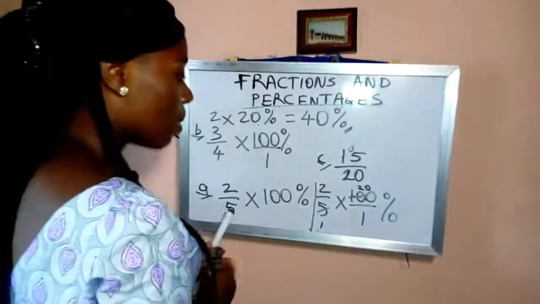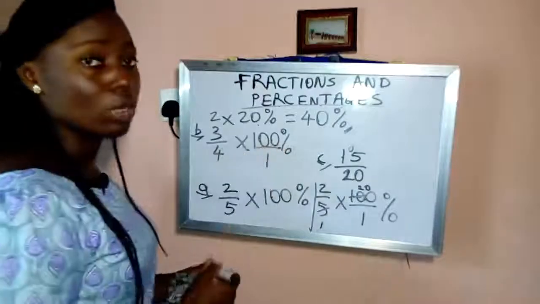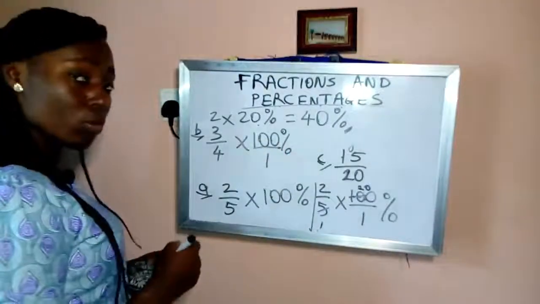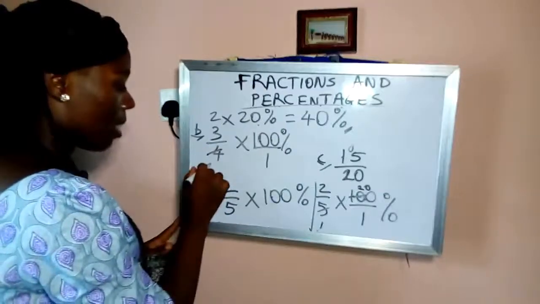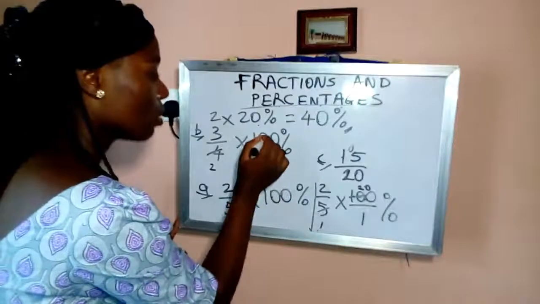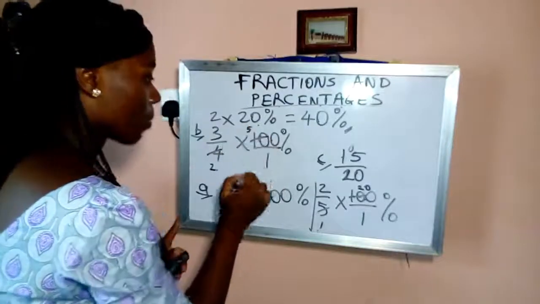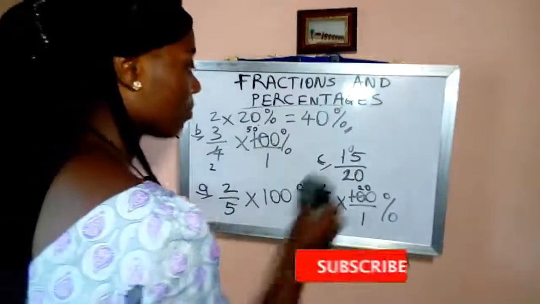So, simply I will just cancel out. 4 cannot go into 100 without a remainder. So, I'll look for a smaller number that can go into it. I say 2 here, you give me 2. 2 into 1, 1 is smaller than 2. But 2 into 10, I have what? 5. 2 into 0, I have 0. So, what's remaining?